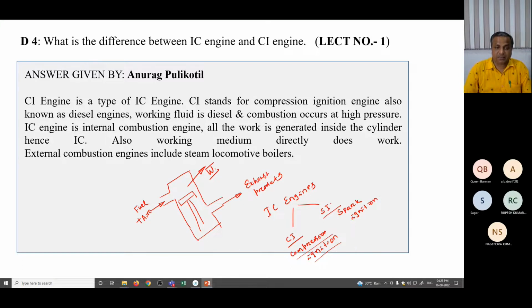Spark ignition means that the fuel-air mixture comes into the engine cylinder and the charge is compressed, but it does not self-ignite. So manually we have to use the spark plug to ignite the fuel-air mixture. That is why they are called spark ignition engines. More details will be available in module 3 of this course. Please have patience till that point of time.